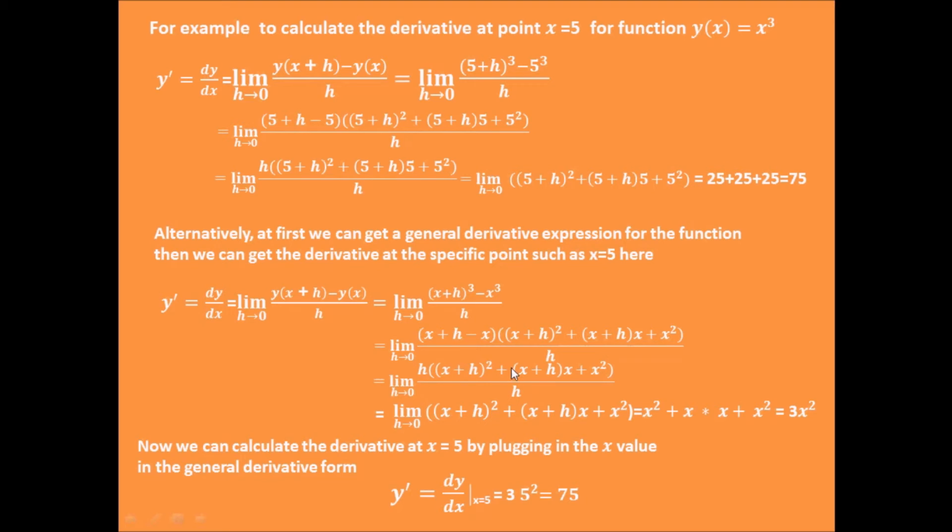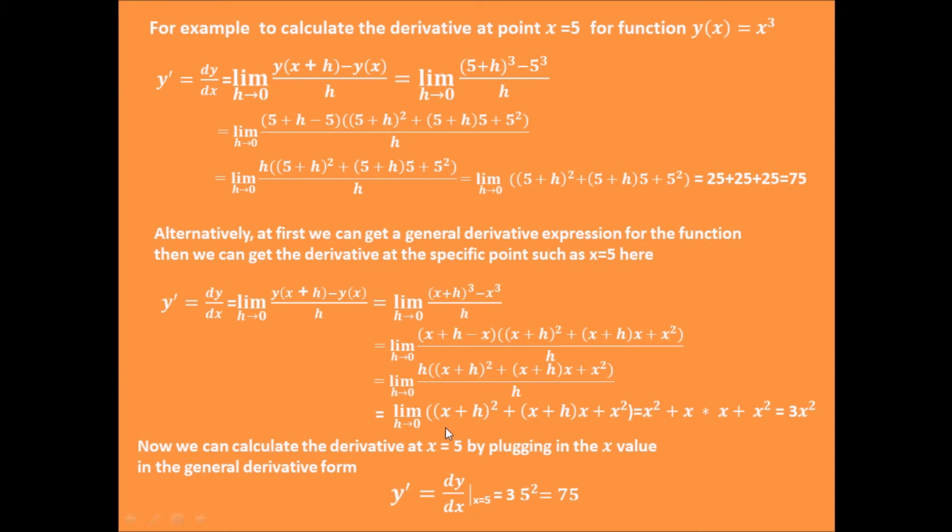After simplification, we get the limit of (x plus h) squared plus (x plus h) times x plus x squared, with h approaching 0.